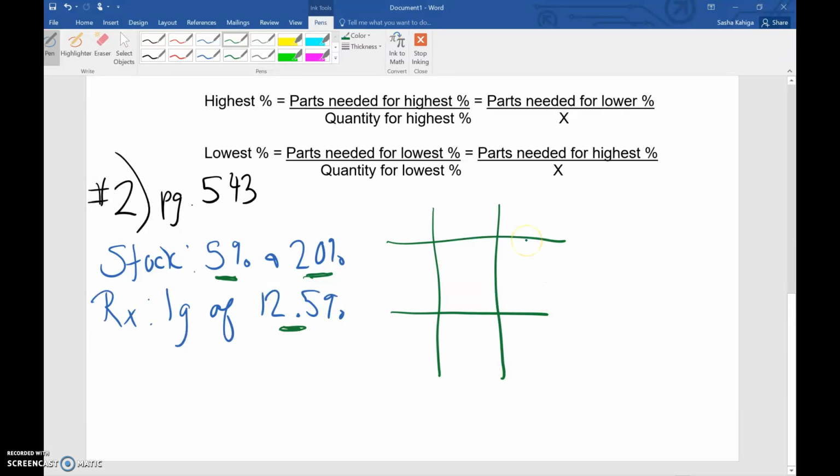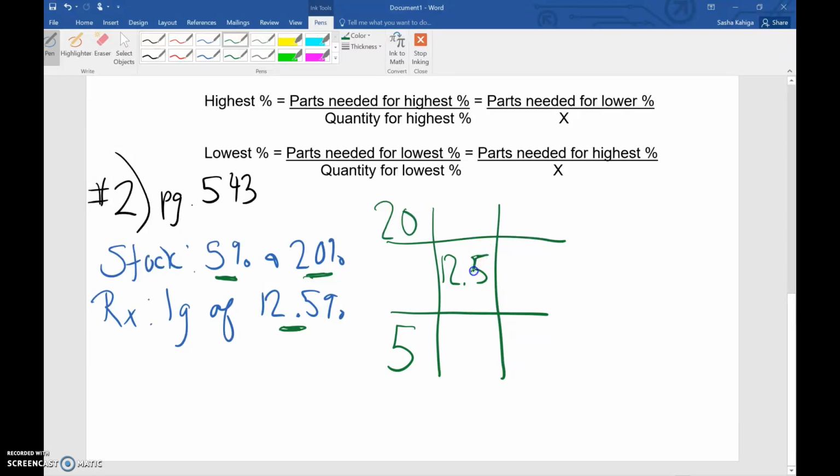And remember, the top left-hand corner is your highest stock percentage, which is 20. My lower left-hand corner is the lowest stock percentage, which is 5. And the desired percentage goes in the middle, which is 12.5.